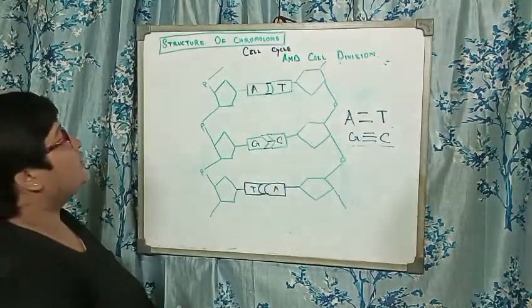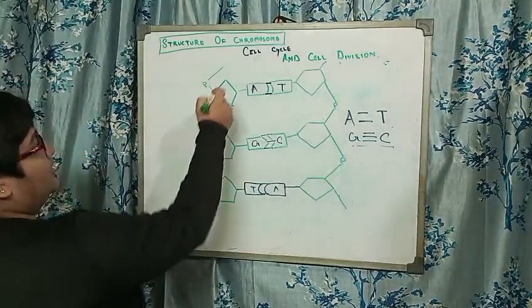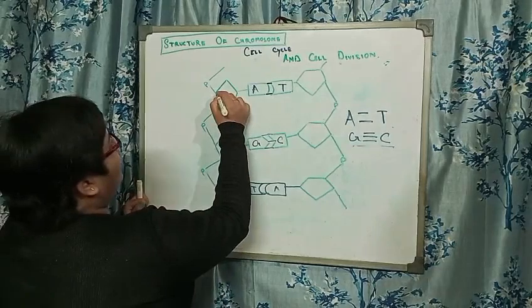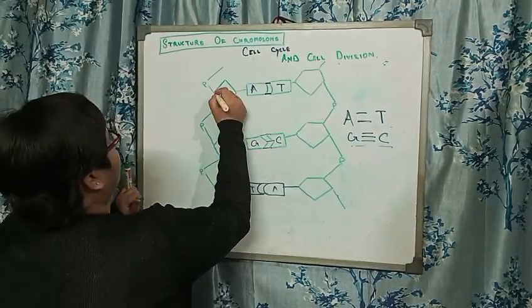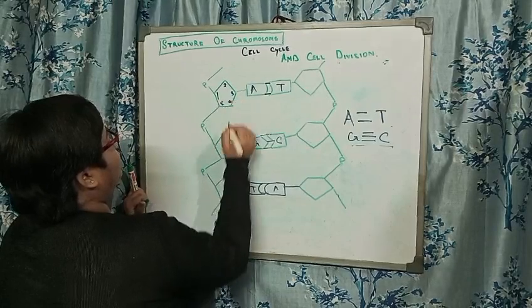Moving forward, let us now number the carbons of the pentose sugar. Here stands 1, 2, 3, 4, 5.